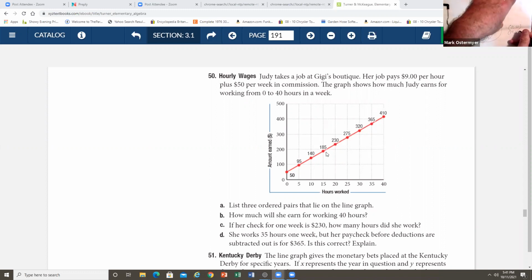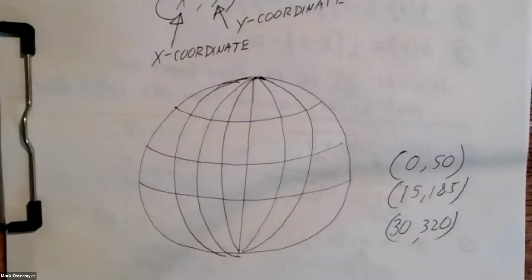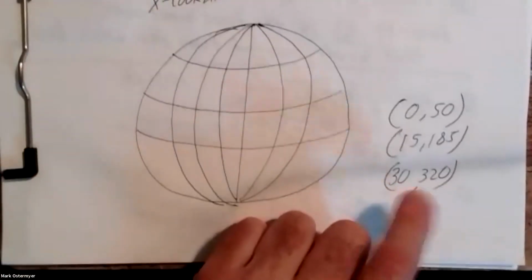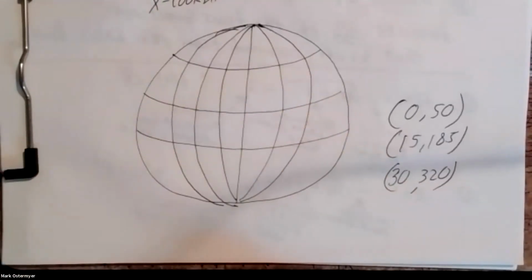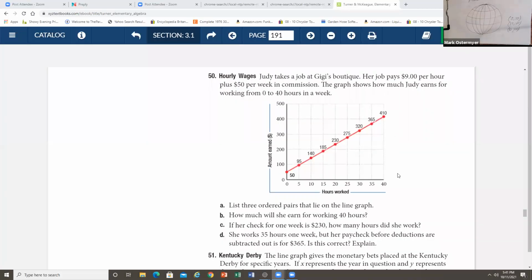Any other one? 33, 20. All right, 33, 20. Those are 3 points right here. Those are 3 points, ladies and gentlemen, that lie on the graph of that red line, correct? 3 points. Does that make sense then?